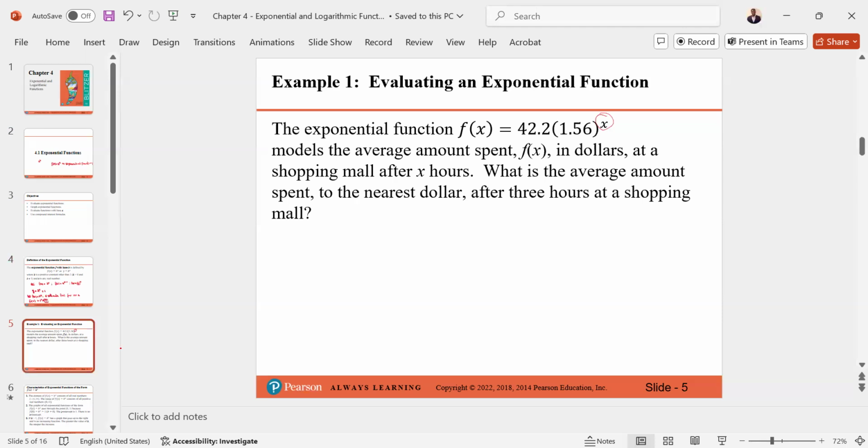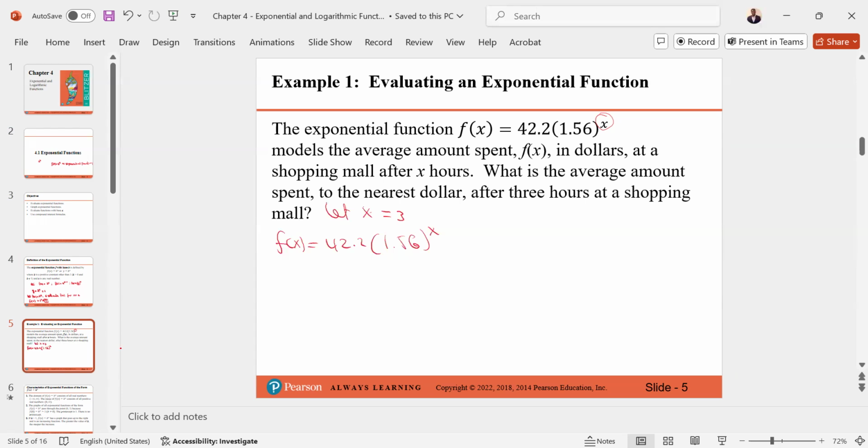What is the average amount spent to the nearest dollar after 3 hours? So let x equal 3. And remember, you have a function f of x equal 42.2 times 1.56 power x. That means this is the function that expresses the average amount spent in a shopping mall.